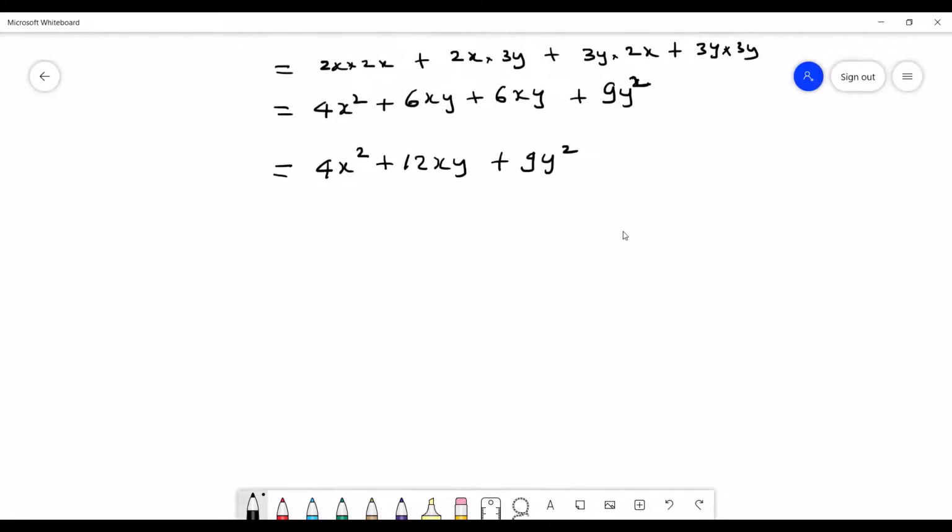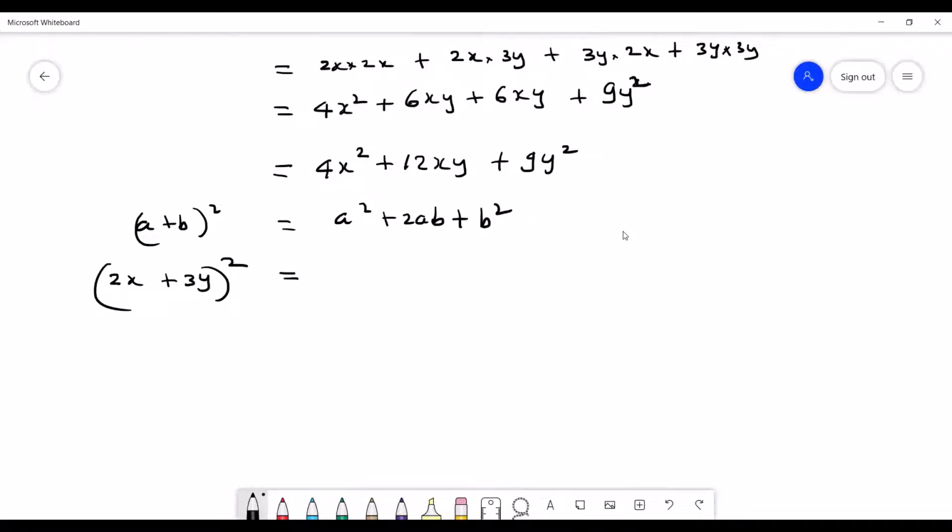Now, let us apply the identity. What is the identity? (a plus b) whole square is equal to a square plus 2ab plus b square. That is, here we have (2x plus 3y) whole square is equal to (2x) whole square, since instead of a, it is 2x.